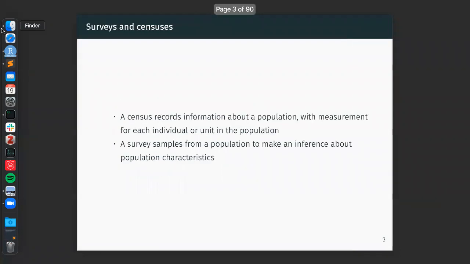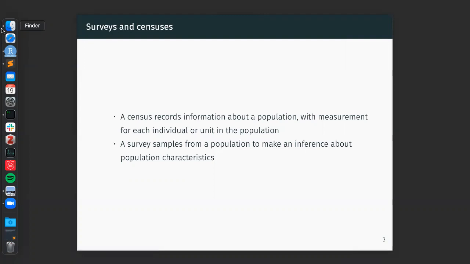Okay, so surveys and censuses. We distinguish between a survey and a census in that a census records information about a full population, right? So we typically think about the US Census as our canonical example of this, right? It records every 10 years information about the entire population of the United States.